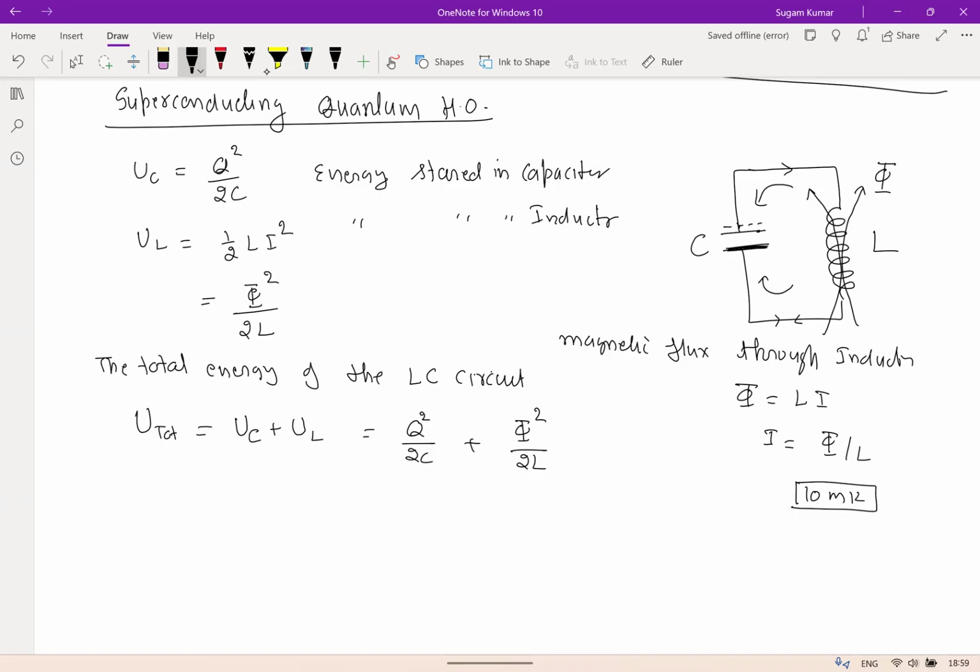So I can convert this into a quantum mechanical Hamiltonian. Using this classical result, I can write down the Hamiltonian for the quantum version of the LC circuit. So let's go for the Hamiltonian.